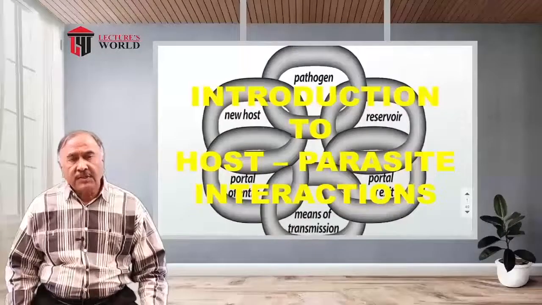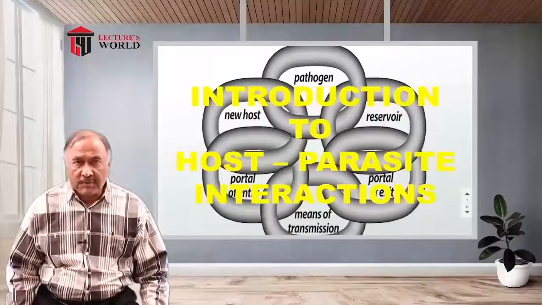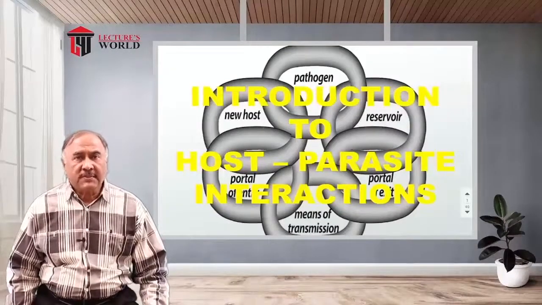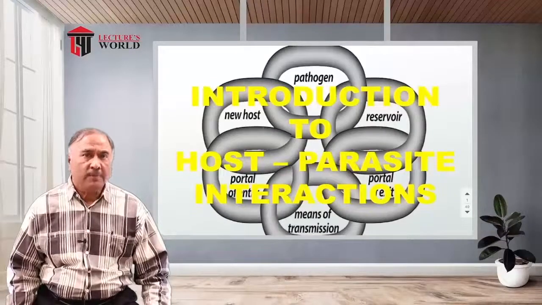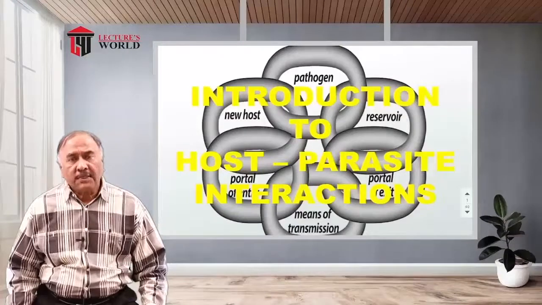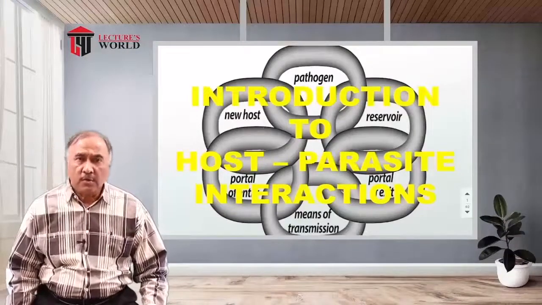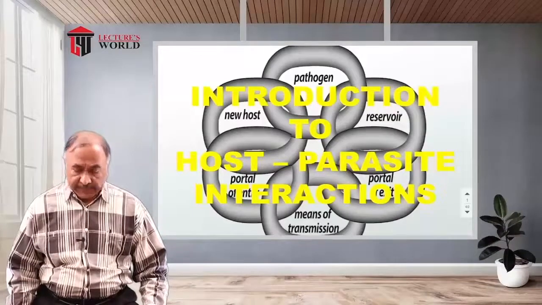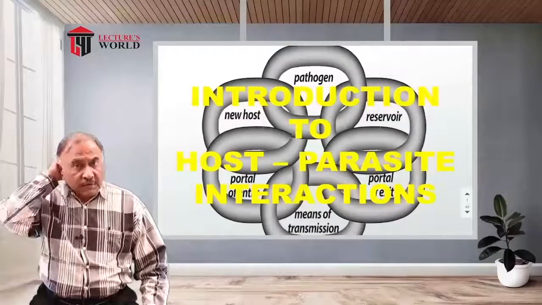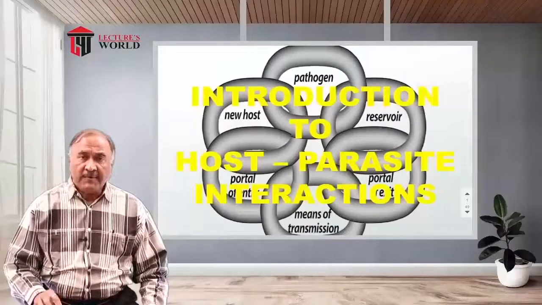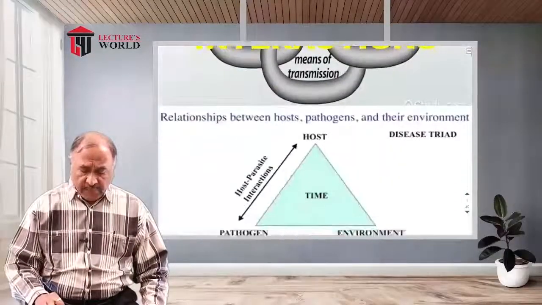It is essential for us to know how these disease cycles can be broken in order to stop the transmission of the disease, in order to stop the spread of disease. So this is what we are going to study today, and we will be studying it right from the beginning.